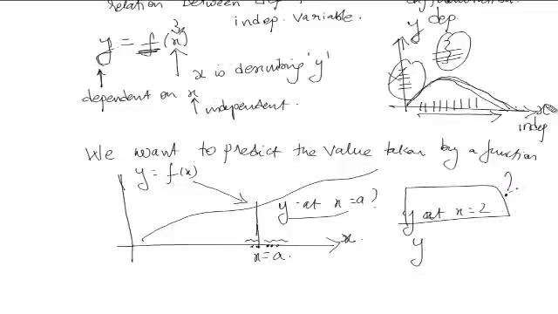Let us say that I know what is y at x equal to, say, 1.9, 1.99, 2.02, 2.2, like this. I know the values of y at these points.